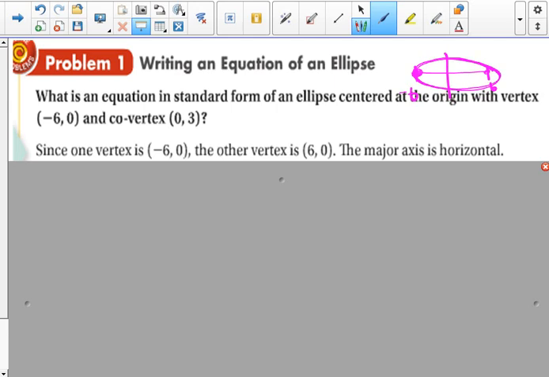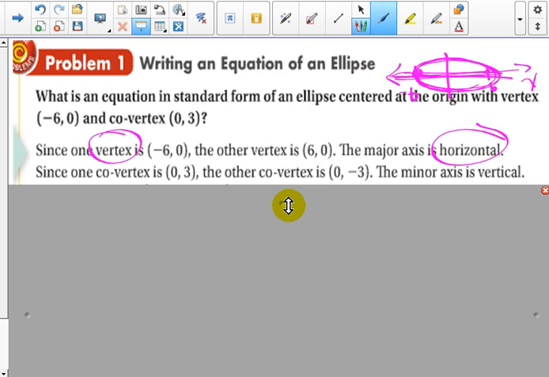It's a vertex, not the co-vertex, so it means it is horizontal because it's going over the x-axis. If they had said co-vertex, then we would know it was opposite, but it's the vertex. So the vertex is on your major axis. So that is a horizontal. So we're going to use the horizontal information.